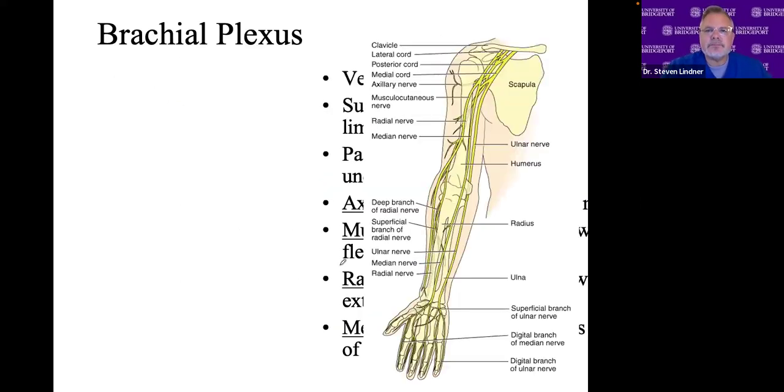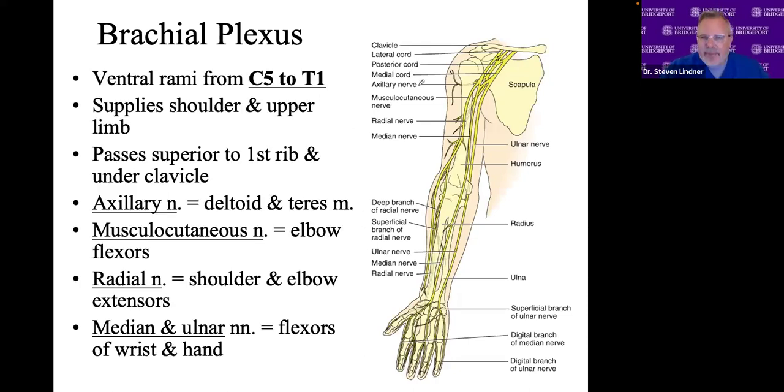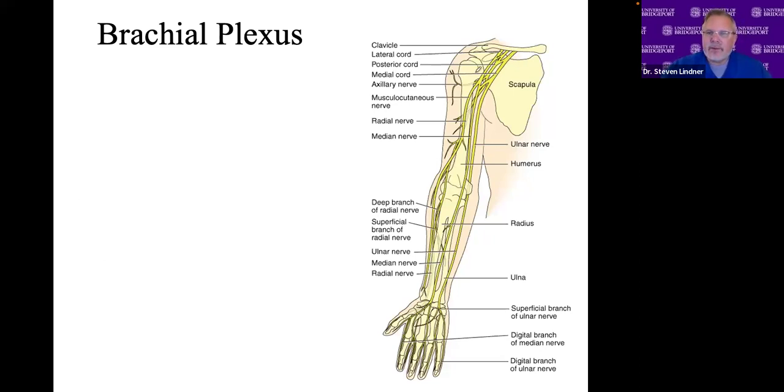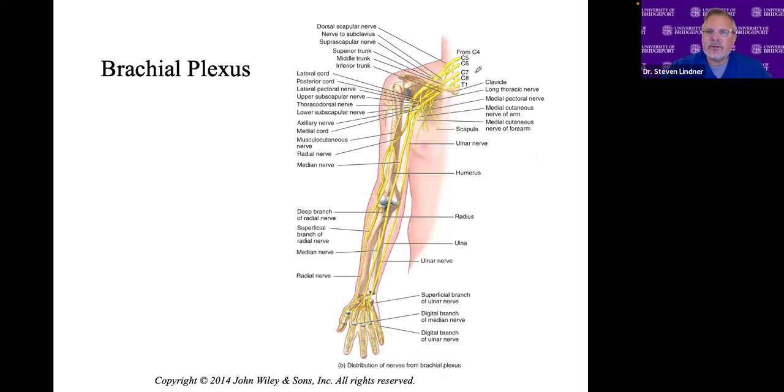Now, let's take a look at the brachial plexus. This is the second group or cluster or braiding, if you would, of nerves that come from the neck. Now, one of the things that I want you to see here is that it originates in the neck. You can see from C5 to T1.